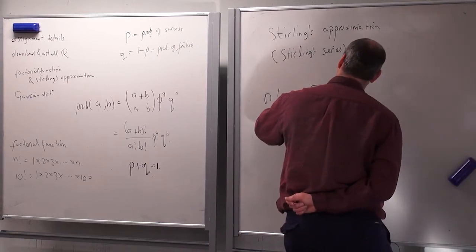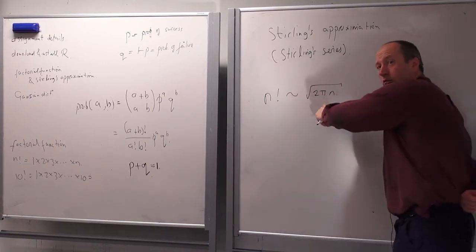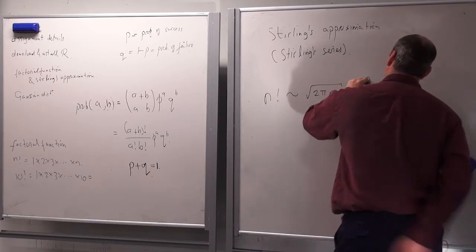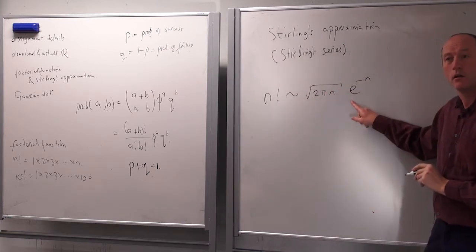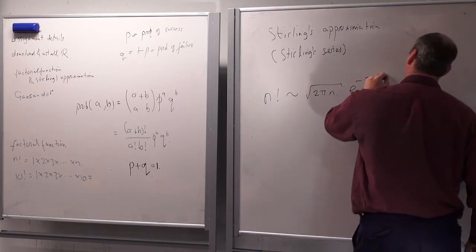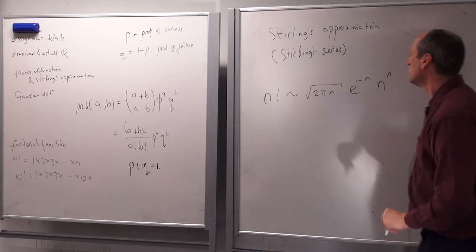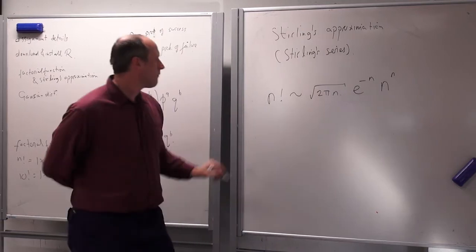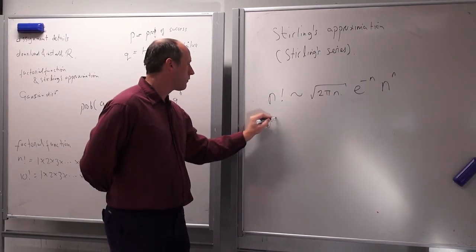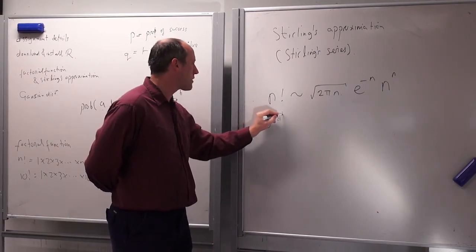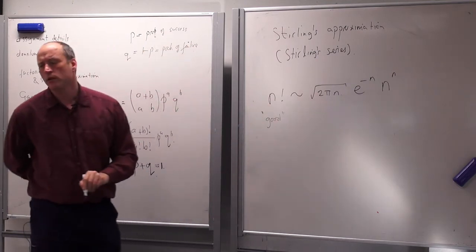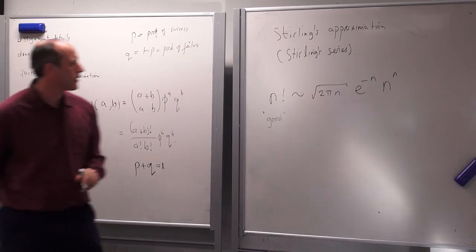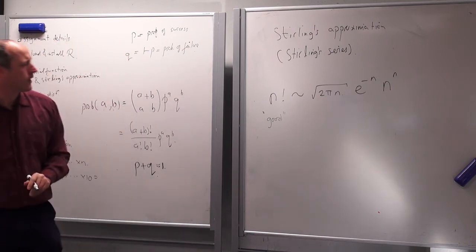Root 2 pi n. You happy with pi? You happy with e to the power? N to the power n. And that's it. It's a good approximation. I'm going to put that in quotes because I'm not defining exactly what good means. It would take us far afield to cover all the limits and the analysis that we need.